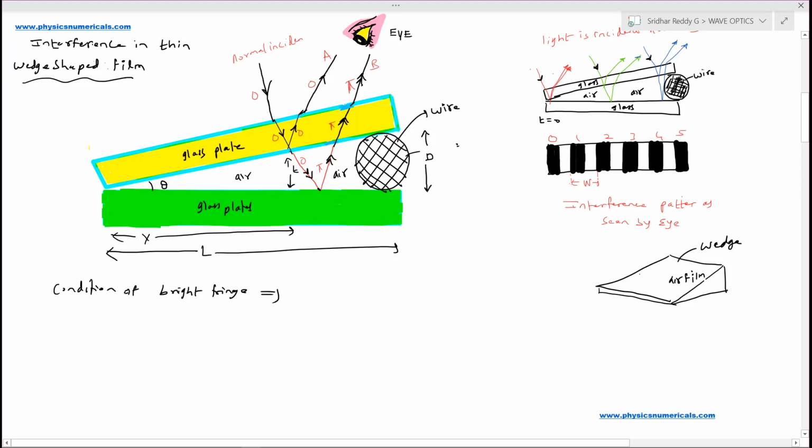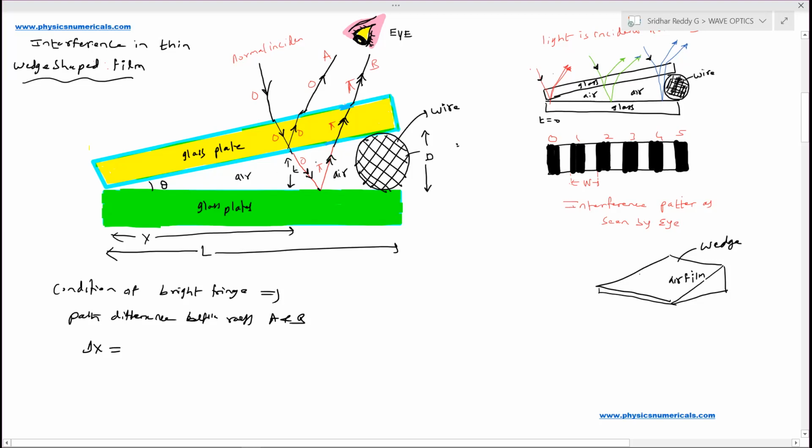Let's compare the path difference between rays A and B. The total path difference should be equal to the path length. How much path length will ray B cover in air?